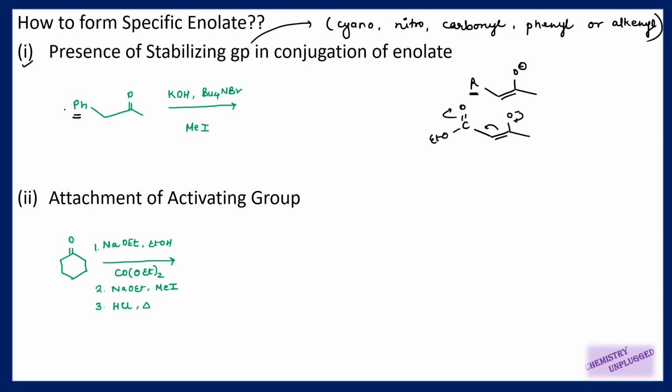If I have a stabilizing group at this carbon, I have to preferentially remove this proton so that this enolate will get more stabilization as compared to the enolate formed at this carbon. So in this case, I will preferentially have this enolate form rather than this one.